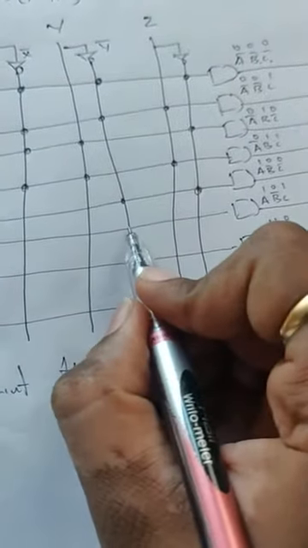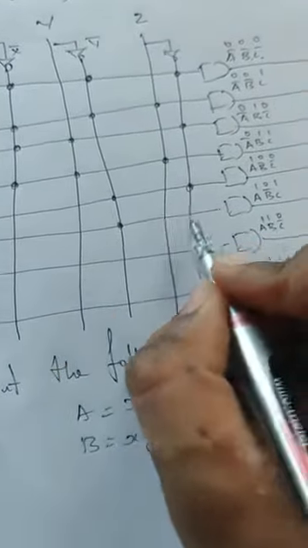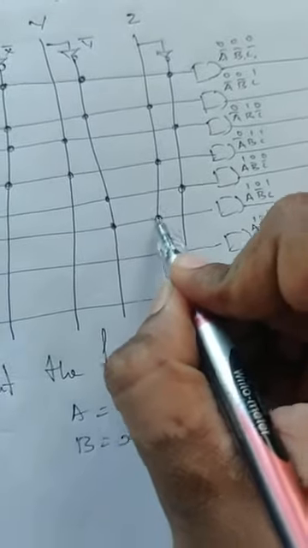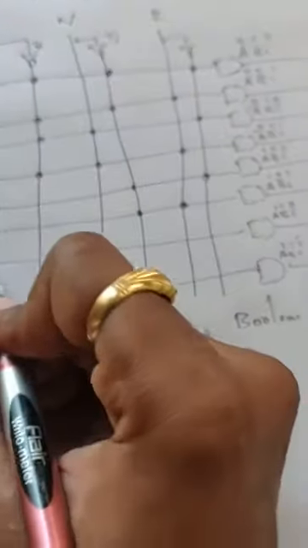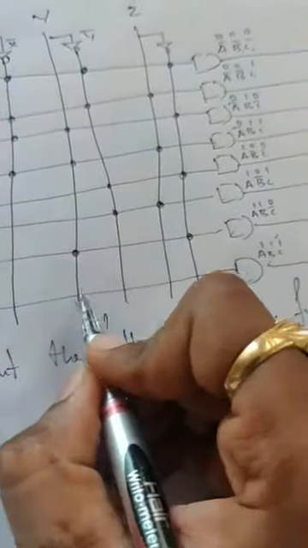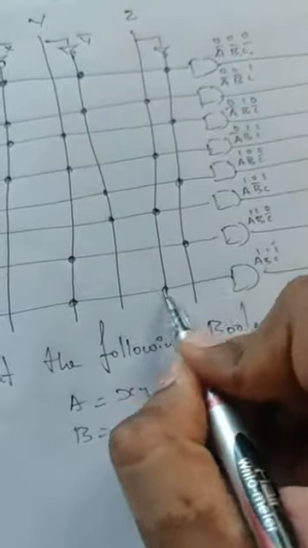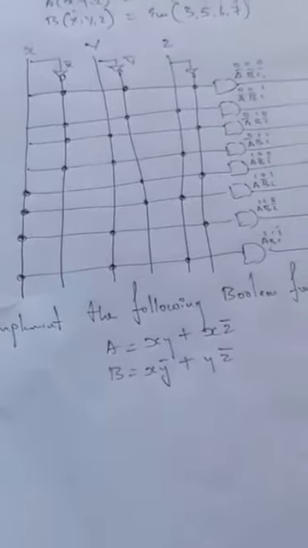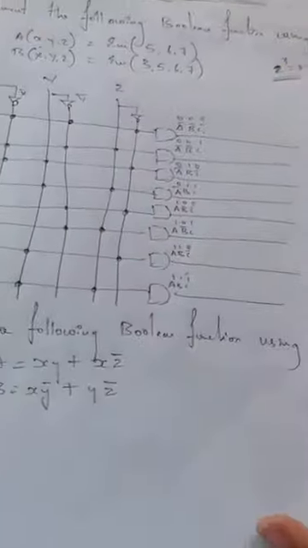Then X, Y bar, Z. Then X, Y, Z bar. Then X, Y, Z. So this is fixed. You are not supposed to do anything with respect to this part.